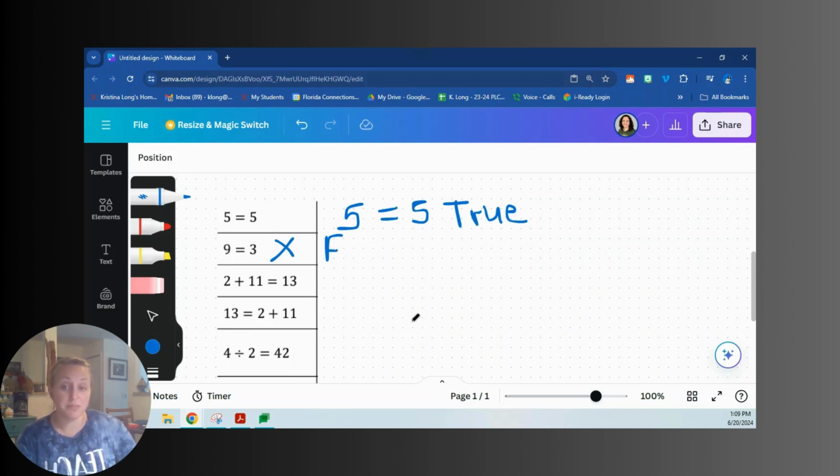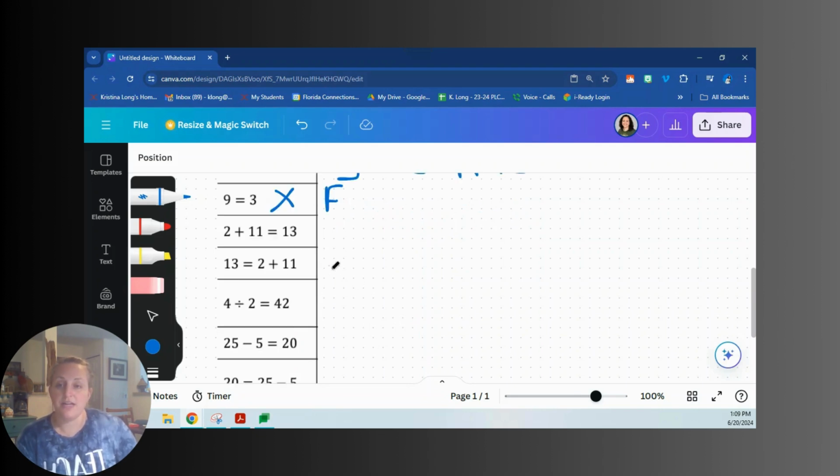Now we're going to get a little bit more complicated. Just looking at basic numbers is pretty easy, but let's take it a step further. Now we're going to put a number sentence where we have an operation on one side of the equation. 2 plus 11 is equal to, or is the same as, 13.